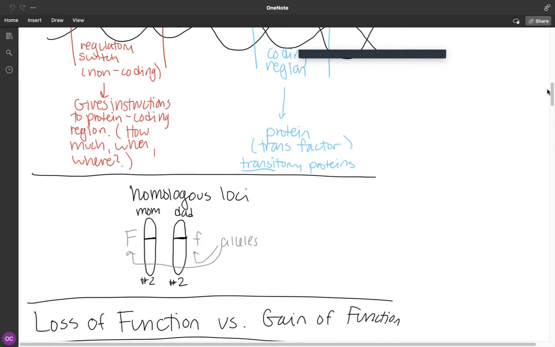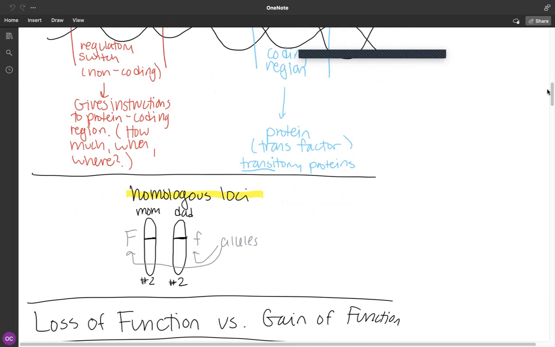And more terminology, homologous loci. So this is just a little picture of what it means to be homologous. So you have one chromosome from your mom, one chromosome from your dad, and these do not have identical genetic sequences, but they are the same kind of chromosome.